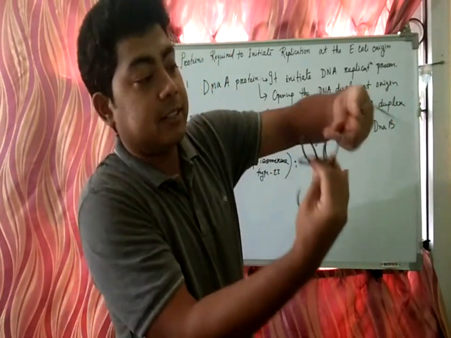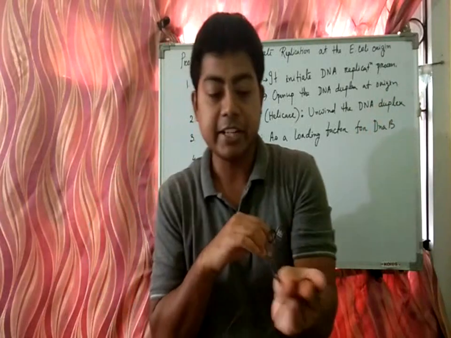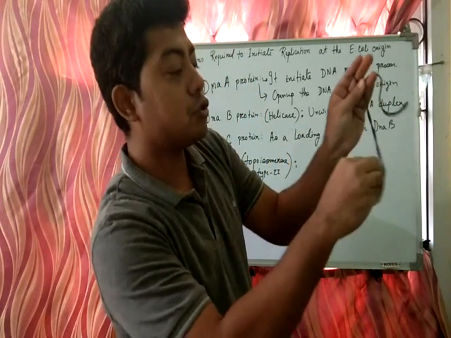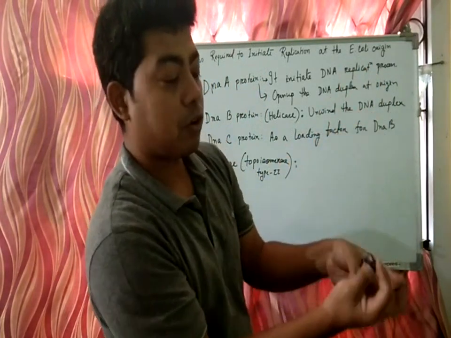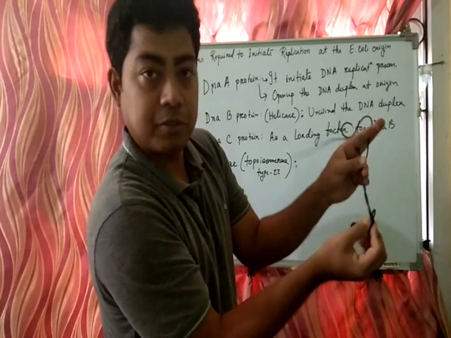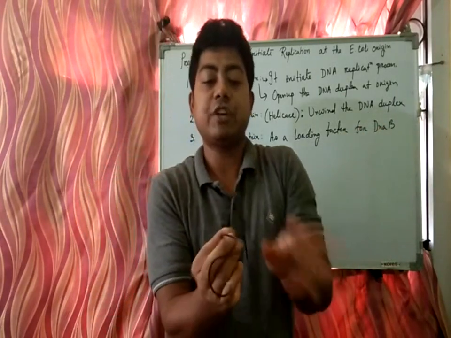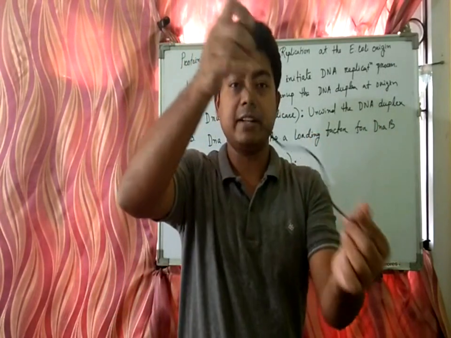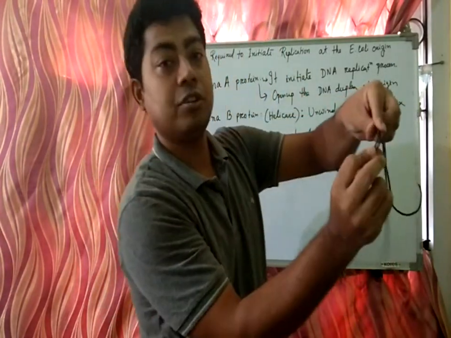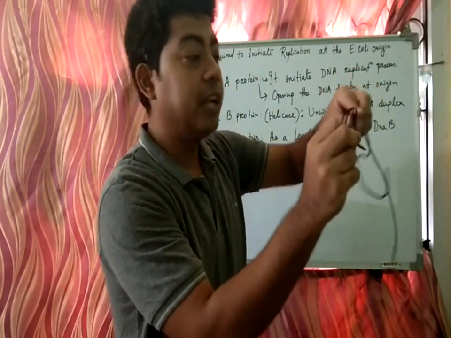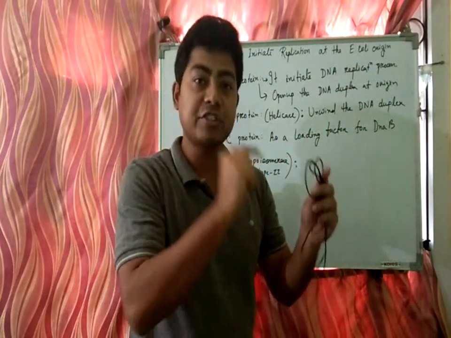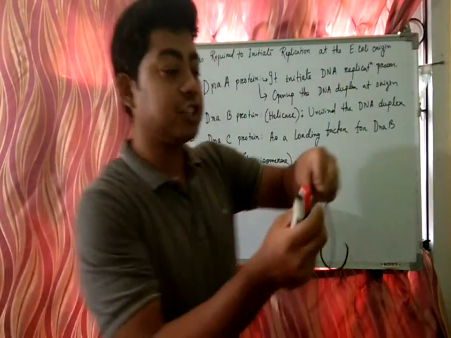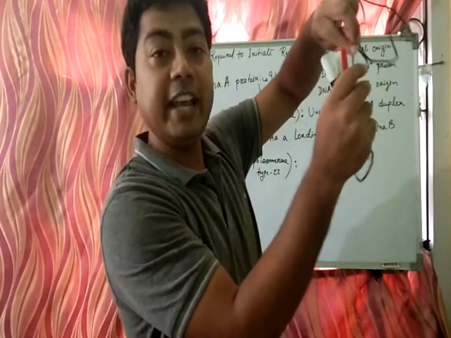When these two strands are separated, it creates tension in that region, so it starts to supercoil like this. Supercoiling occurs when the DNA strand gets separated, and the Y-shaped structure forms, creating tension. To relax that supercoiling or tension, the gyrase enzyme cuts the DNA strands.